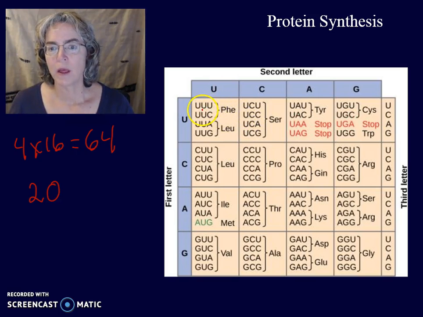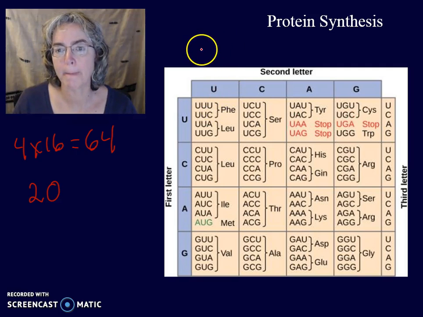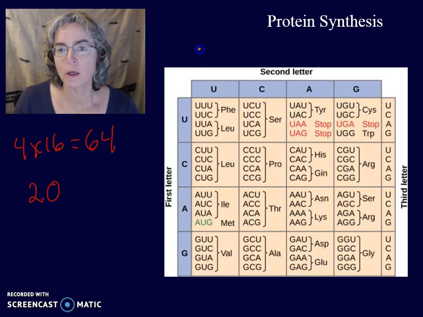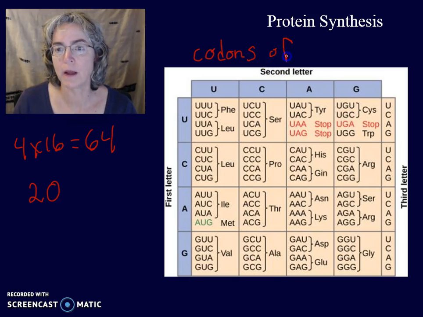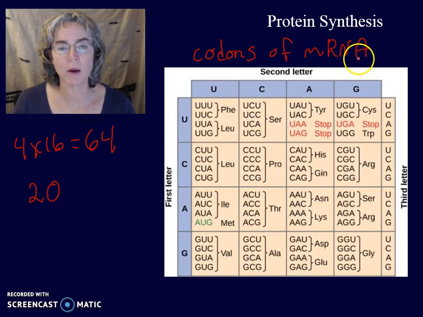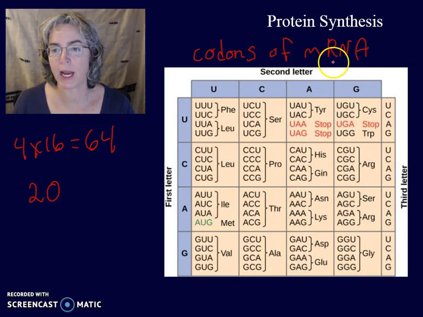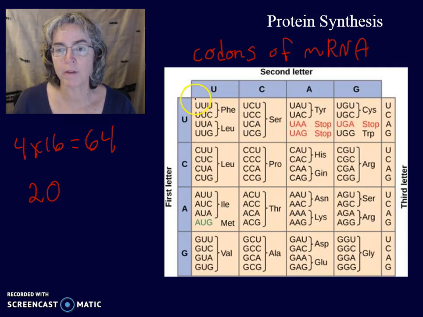So this chart right here shows codons of mRNA and which amino acids are attached to our protein chain if the mRNA has this codon right here.